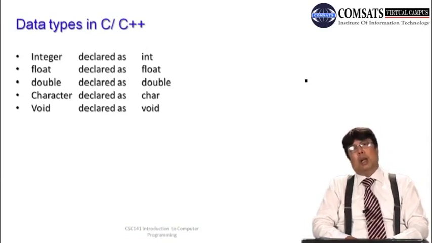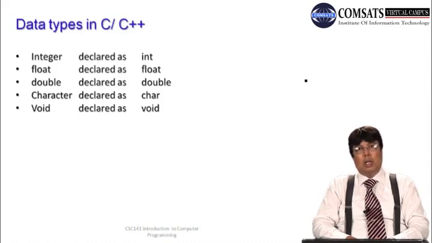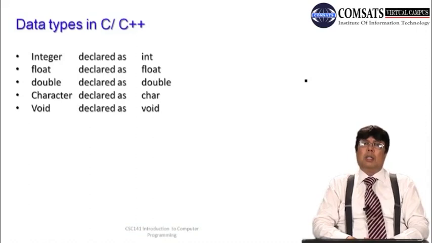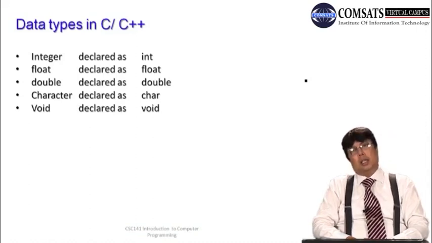This int has become a keyword or a reserved word for the compiler that is used to define a data type called integer. So all the data types which are written here, float, double, character, void, these are defined using the keywords called reserved words. Float defines a float data type. What is a float data type? A float data type is a number containing a decimal point.